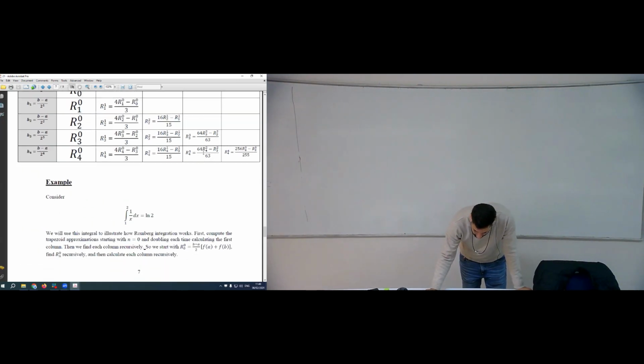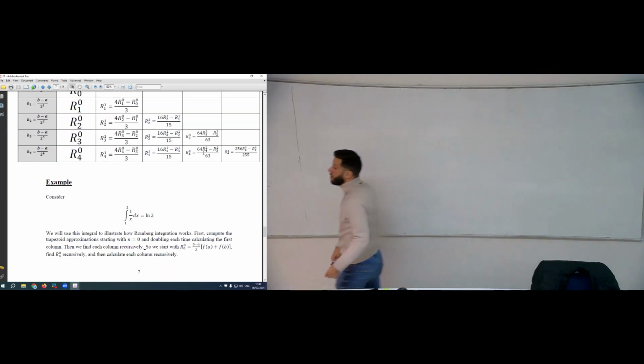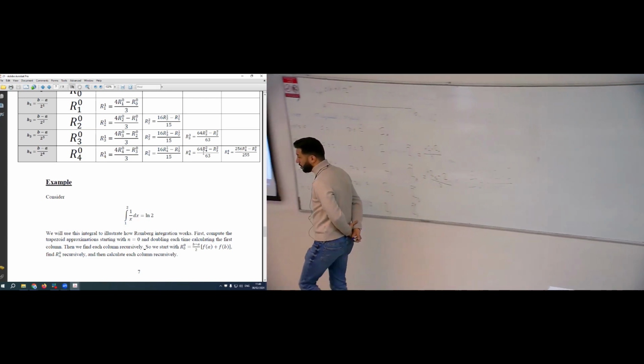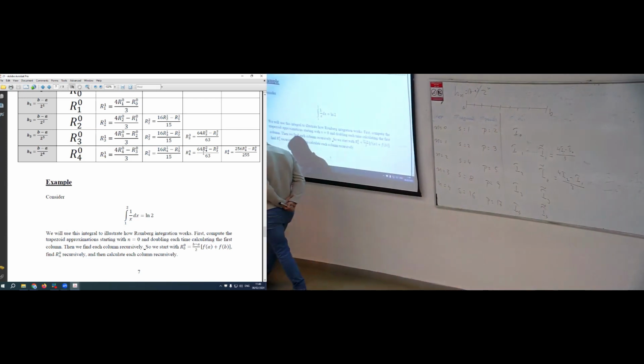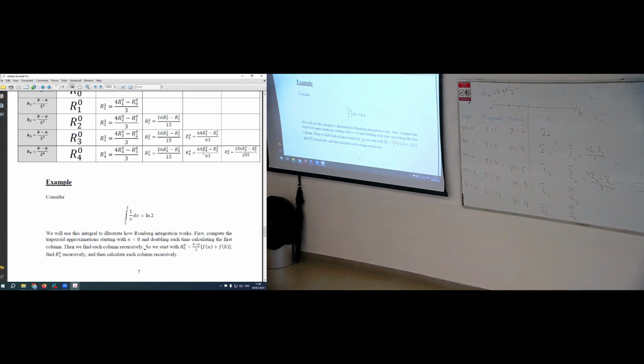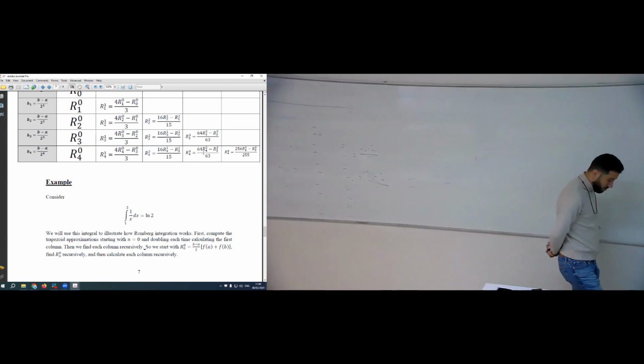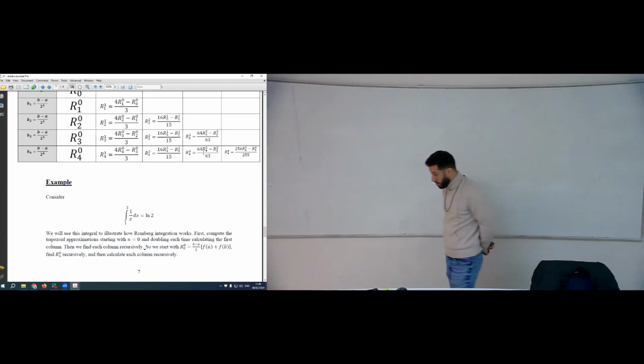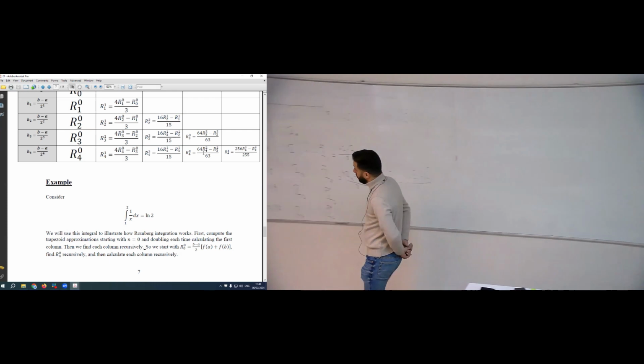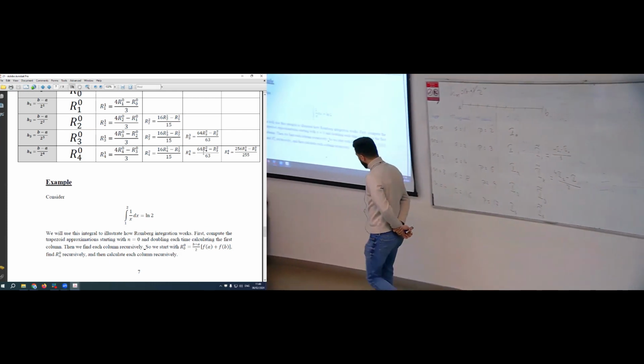So let's take an example. The natural logarithm of 2. You know that you can find the natural logarithm of 1.1, for example, using the Taylor series, ln of 1 plus x. But for example, here you cannot use the Taylor series, or if you want ln of 3.